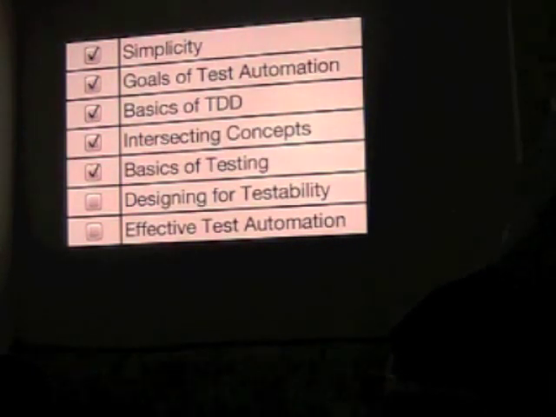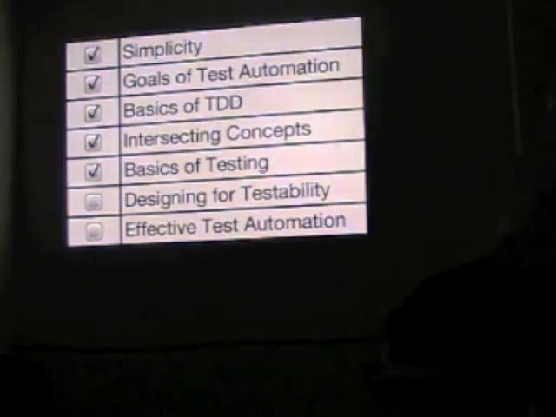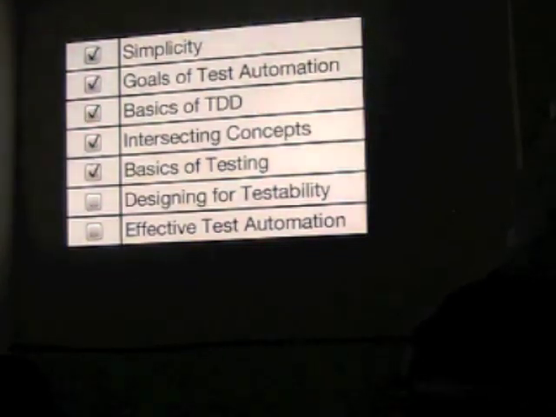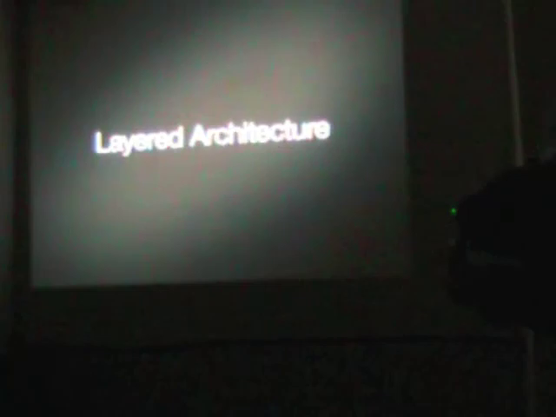I'm just quickly going to run through this designing for testability and effective test automation. It's kind of like a very quick thing, okay? The layered architecture, if you have a well-designed thing, you'll have a layered architecture. So things you were like talking about, you have ports and adapters. If you read about this ports and adapter architecture, you have some Excel library. There's a technical domain, and you have an adapter layer that is going to actually translate all the terminology in this technical domain to your application domain.